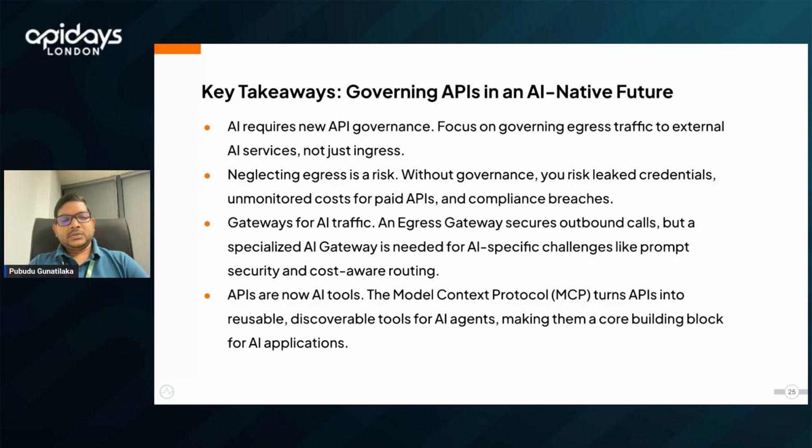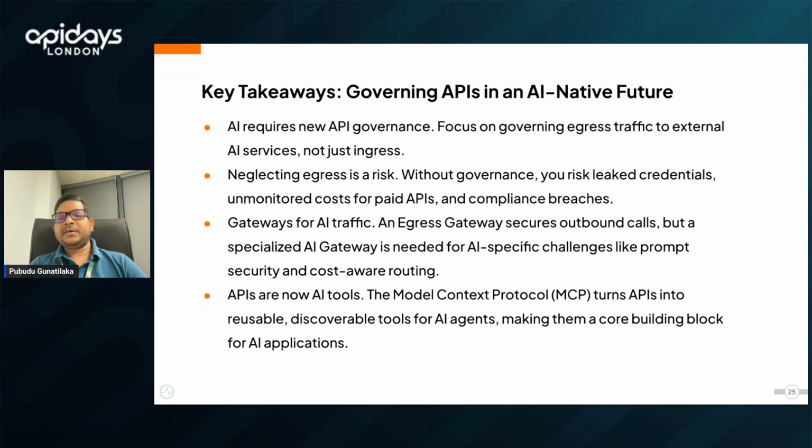So in today's session, I went through the AI shift, where you have more AI service usage from day one, with applications trying to integrate with AI services. Then, as you don't manage the egress part of it, there are a lot of issues.